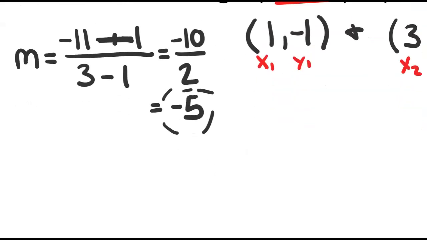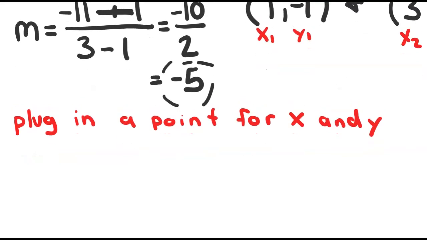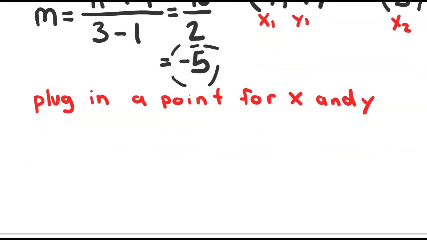Next, we don't know what our b is, but we have a way to find b. What we're gonna do is plug in a point for x and y. We have a point. It doesn't matter which point we use.